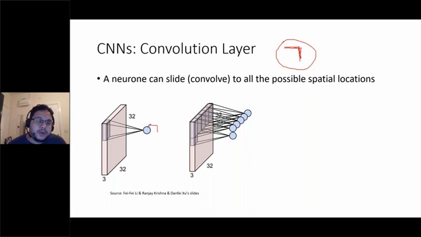After it slides, how many outputs are we going to have? A normal neuron has multiple inputs, and how many outputs? A regular neuron has only one output, exactly. But here, how many will we have?